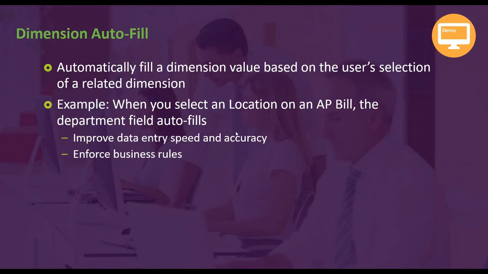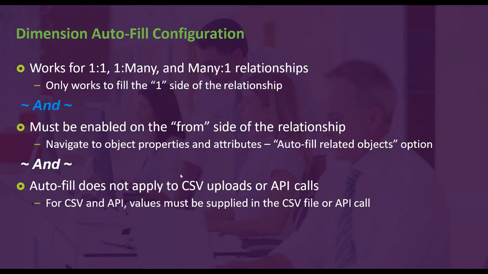Okay. So we've talked about how we do that autofill. That can be a one-to-one, a one-to-many, or a many-to-one, in which you have one entry in your dimension. We've also talked about how you can have an autofill by filling that relationship.